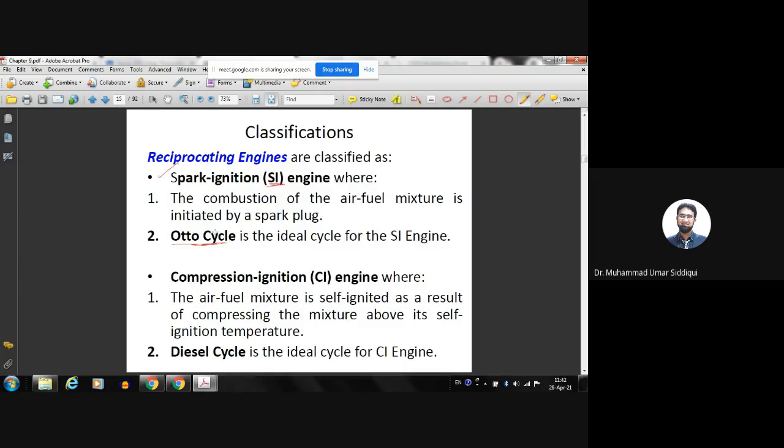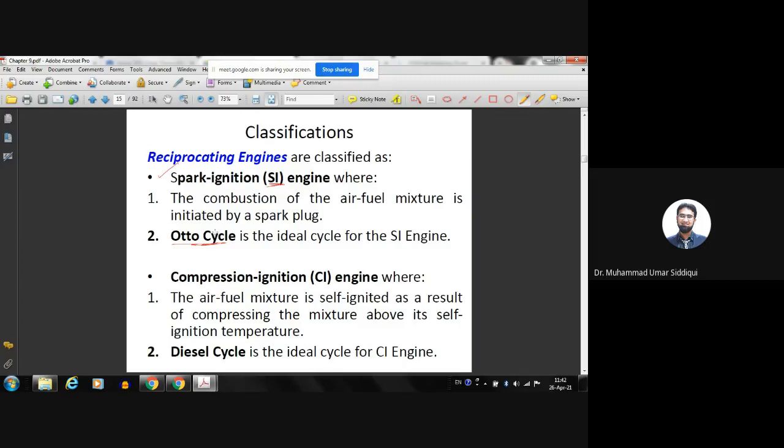Combustion occurs on its own, and you do not need a spark plug. If you compress the mixture to such an extent that automatic ignition occurs, then this kind of engine is known as a compression ignition engine.